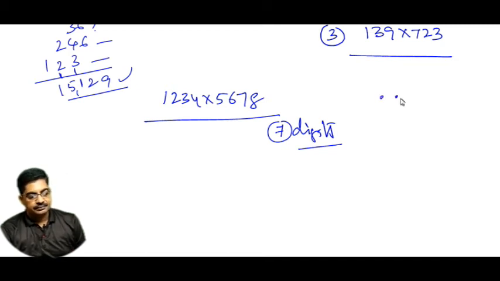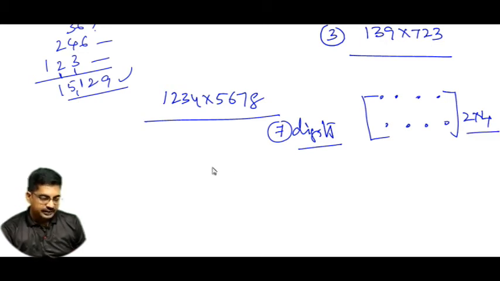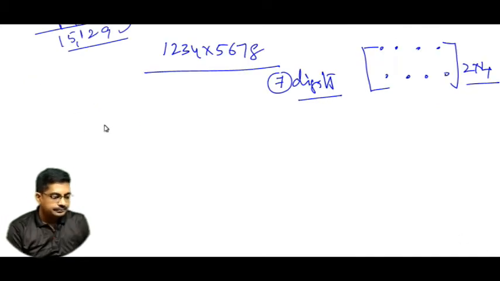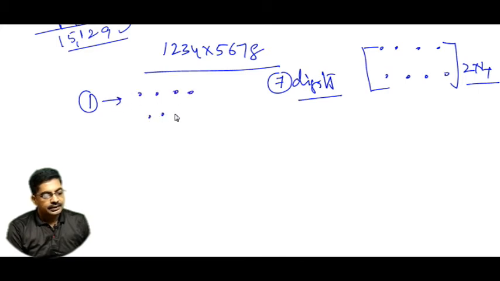Just see, now I am representing the digits with dots for the sake of easy understanding. Now it is a 2 by 4 matrix. So first digit will come by multiplying the rightmost vertical column.